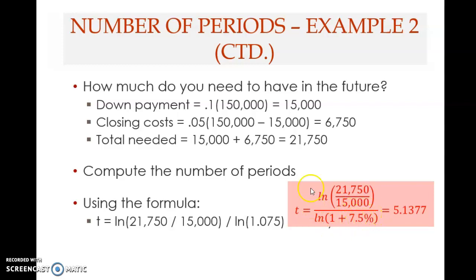So you use this formula, and you get 5.1377. It tells you that we will take a little more than 5 years to get this value from your investment of 15,000. Only then can you purchase the house, not earlier. So that's the answer for this.